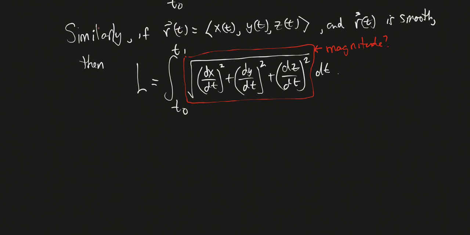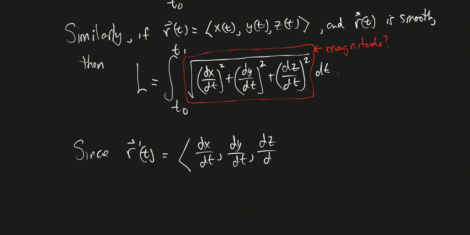So let's write that down. Since r prime of t is equal to dx dt, dy dt, dz dt, right? If I now said, well, what is the magnitude of my tangent function? I would get exactly that expression that I have boxed in red, right?